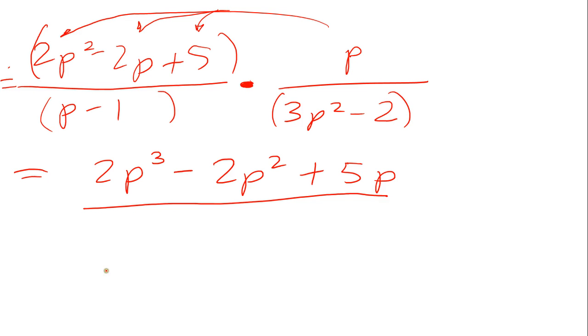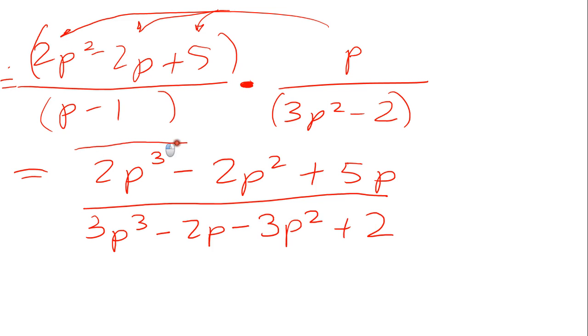So I'm going to have 3p cubed minus 2p minus 3p squared plus 2. The order of the terms doesn't matter, since it's just addition.